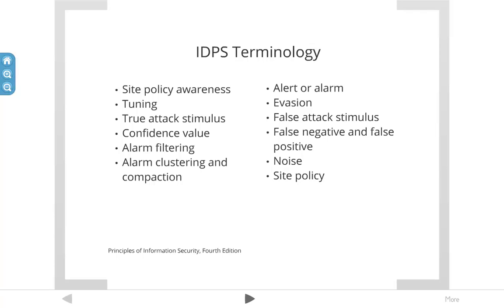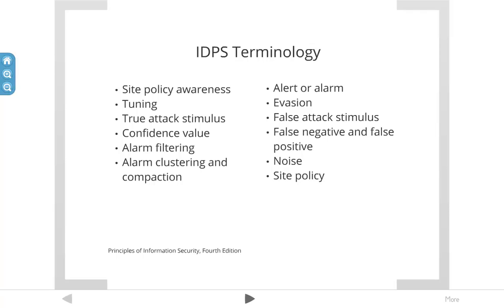If your administrators are getting a lot of text messages from the IDPS, but they are not actual attacks or intrusions, the noise is very high and their confidence level is going to go down. So the ratio of signal to noise is important.